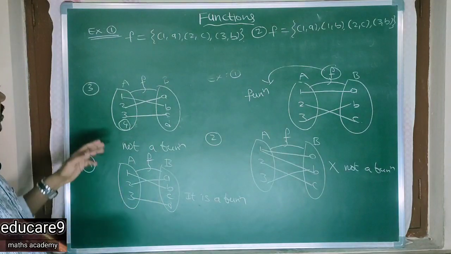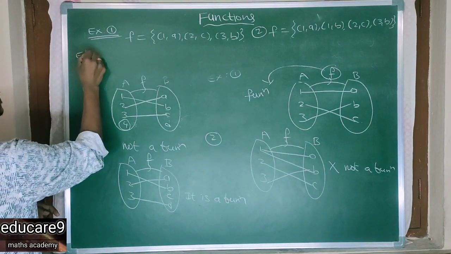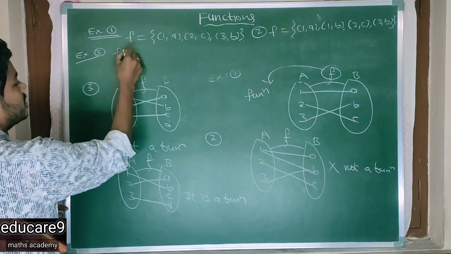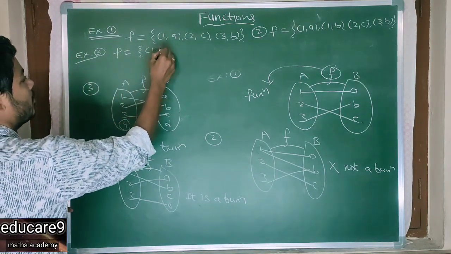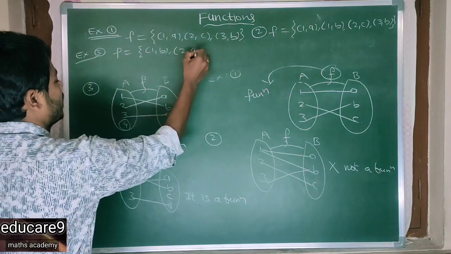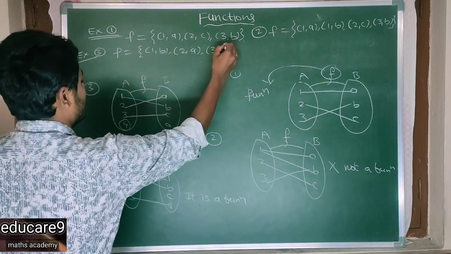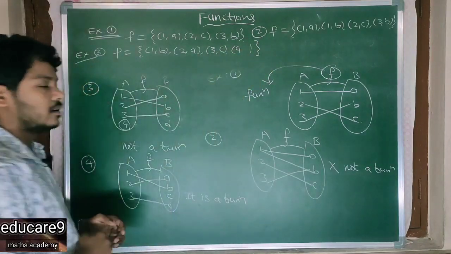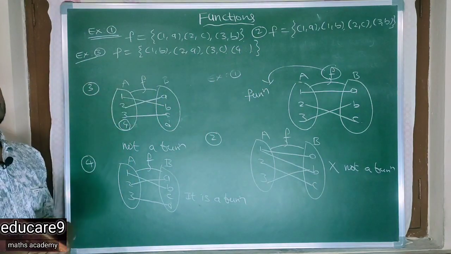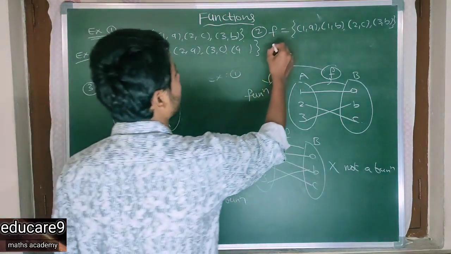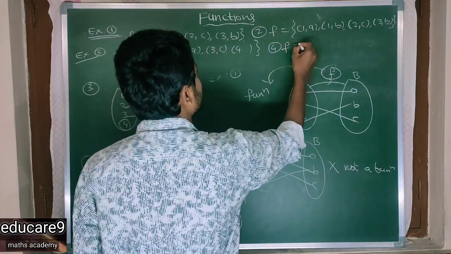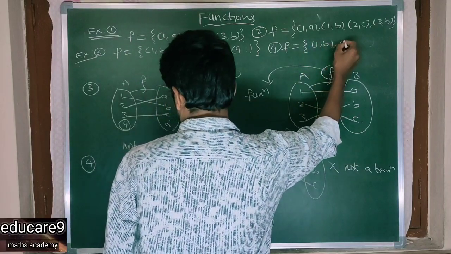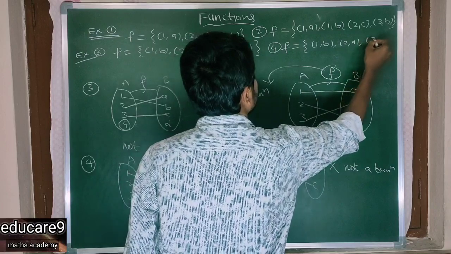And in example 3, the ordered pairs are F equals (1, B), (2, A), (3, C), but 4 does not have any mapping in B. And example 4, what is F? (1, B), (2, A), and (3, D).